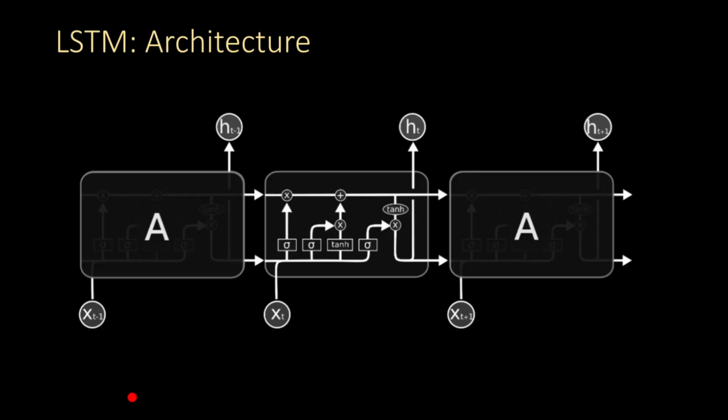One way we can stop such an issue is using an architecture called long short-term memory. Basically, in this architecture, you have a memory cell where the information passed to or output from it is being gated at each time step.